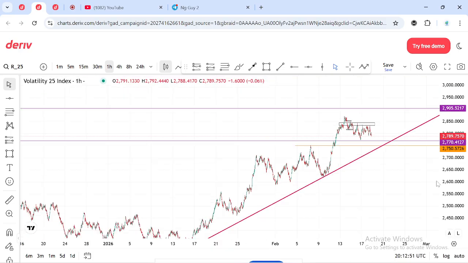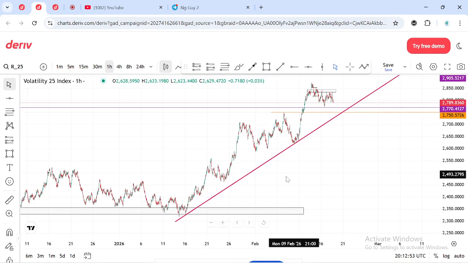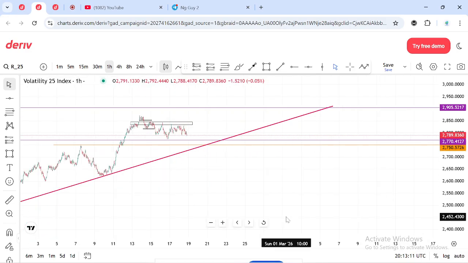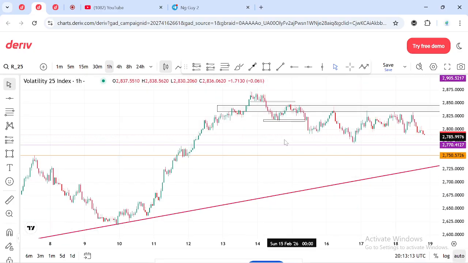Then we can easily understand that the full trend has changed. But if price doesn't break this point properly to give us a clear break and retest, then there might be possibilities that price will continue pushing to the upside. So let's watch what character would play out around this zone. So that's what I have for volatility 25 index.